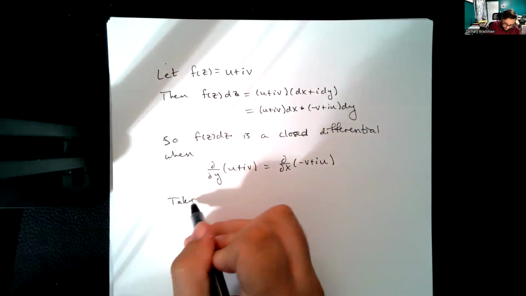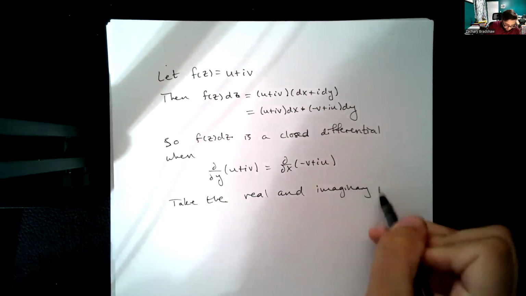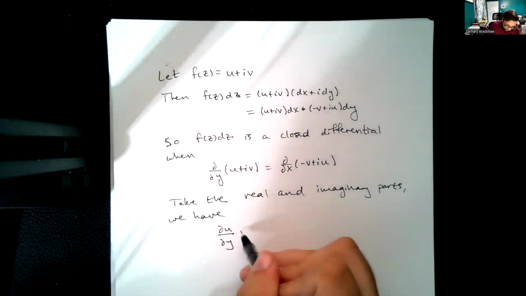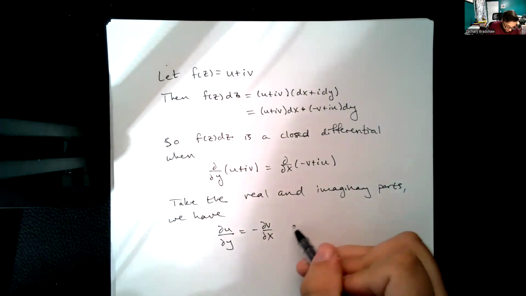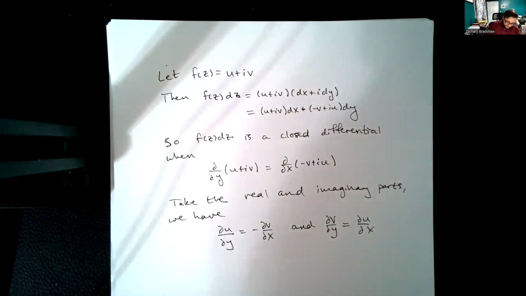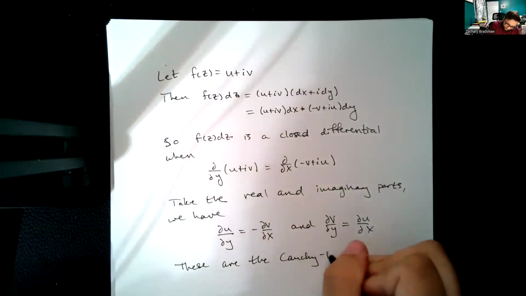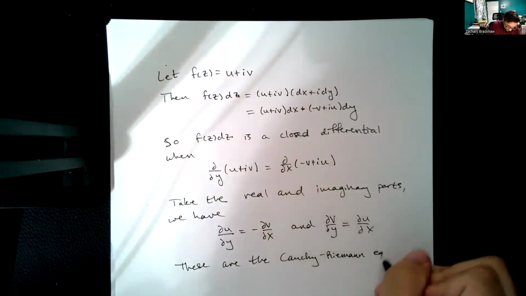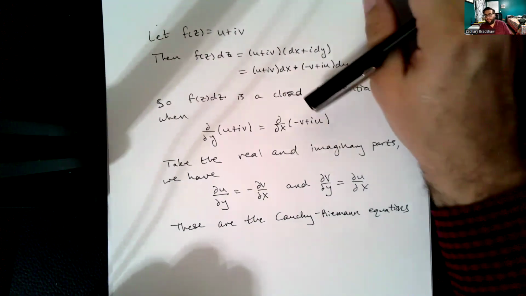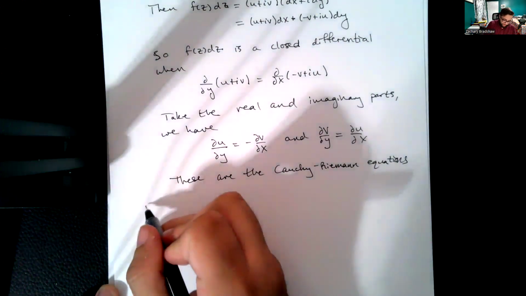If we take the real and imaginary parts, we have du by dy is minus dv by dx, and dv by dy is du by dx. But these, remember, are the Cauchy-Riemann equations. And remember, the Cauchy-Riemann equations are a condition that is equivalent, more or less, to analyticity. So we have the following theorem.